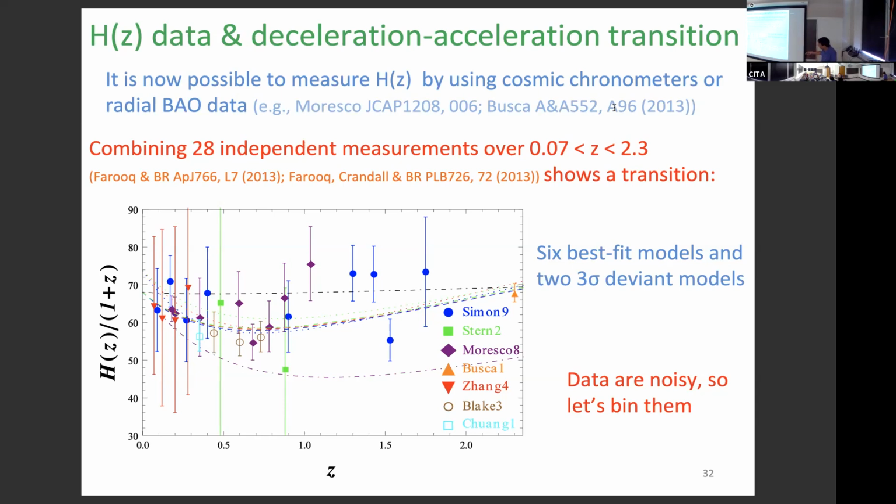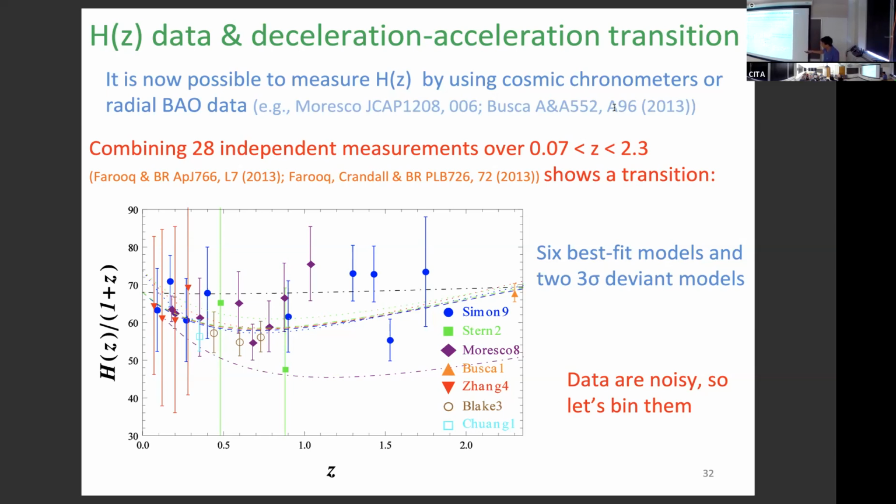And I'm showing you 6 different models in this bunch over here. The lambda CDM, XCDM, and phi CDM models with the 2 different values of the Hubble parameter. So you can kind of see they intersect at different points on the z equal to 0 axis. And these are all the best fit models to this set of 28 points. And these are 2 3 sigma deviant models.